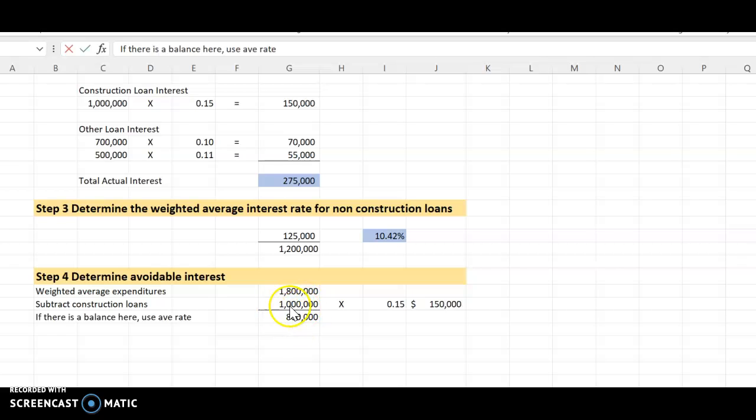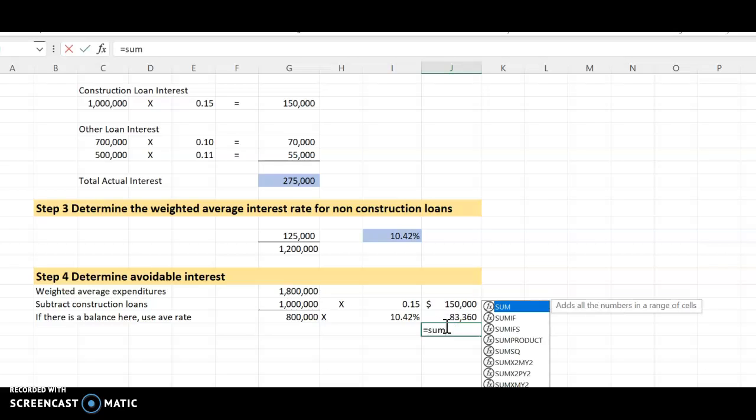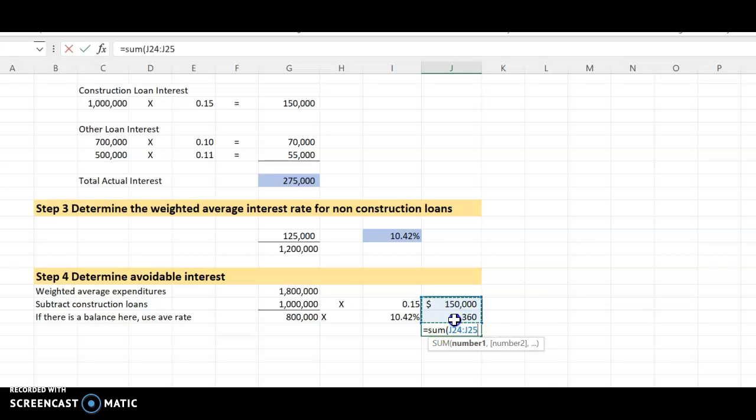If you subtract out the construction loans, the balance here, the difference of the $800,000, we're going to take that times our weighted average interest rate. I ended up putting in the 10.42%. So if you multiply those, that will give you $83,360. Now add those two together, and that will give you our avoidable interest.